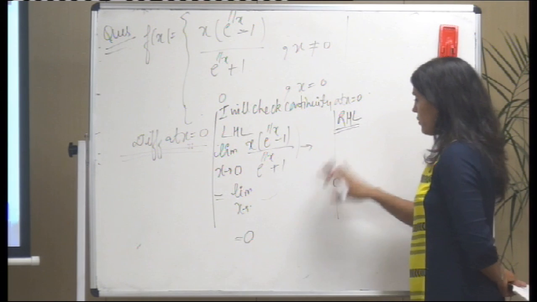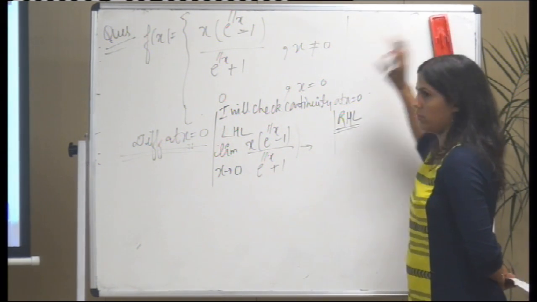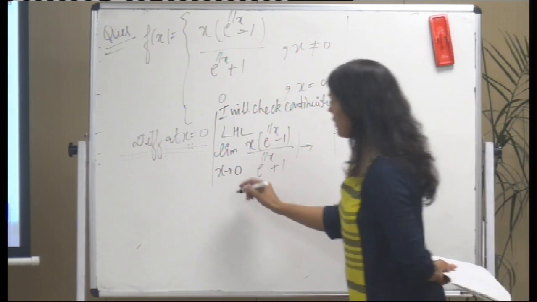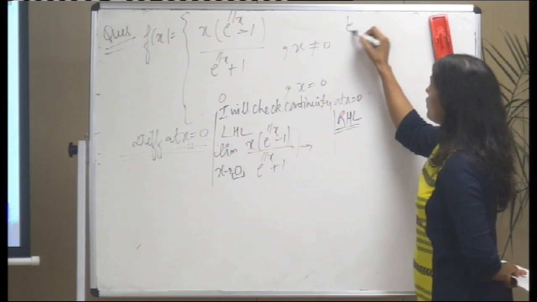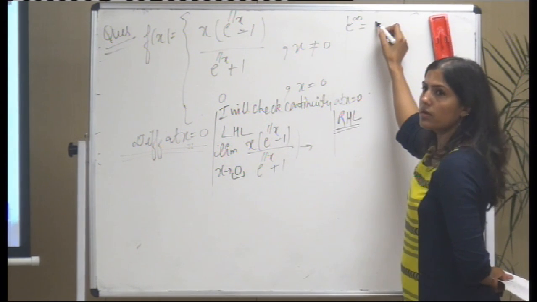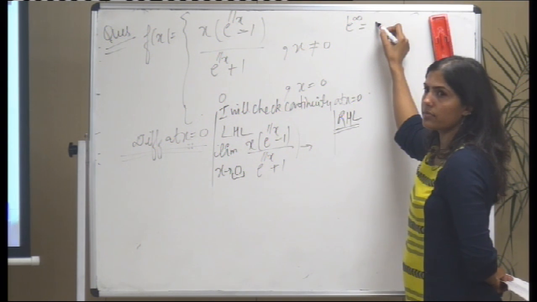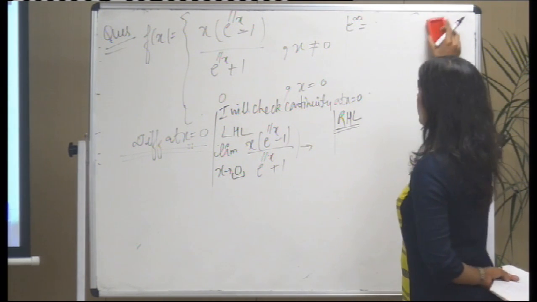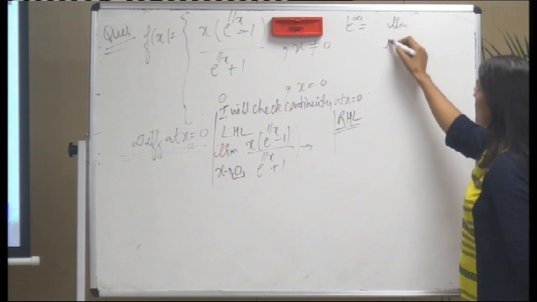Now you just match up and see whether the method you used is correct or not. Basically, when you put 0, e to the power infinity is, e to the power infinity is... okay, you don't know. You should say actually. Don't take time, just say ma'am we don't know.